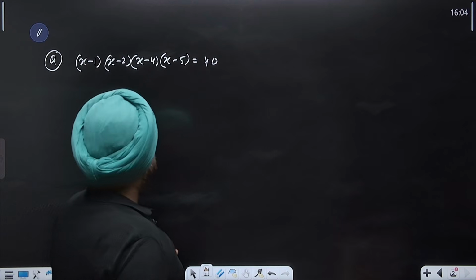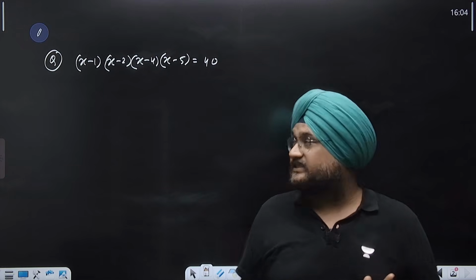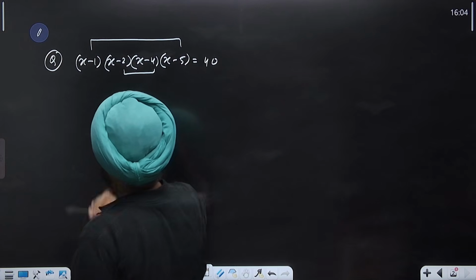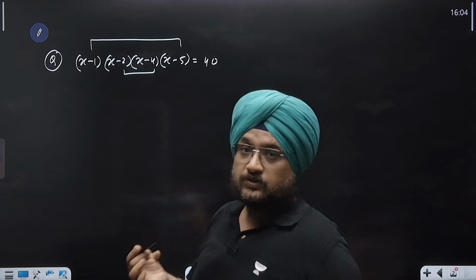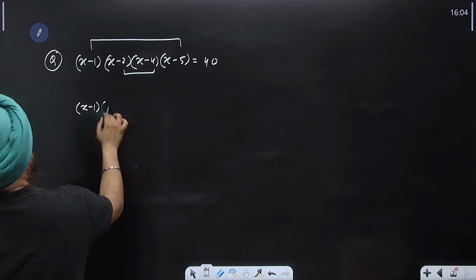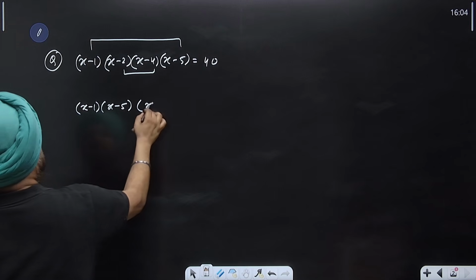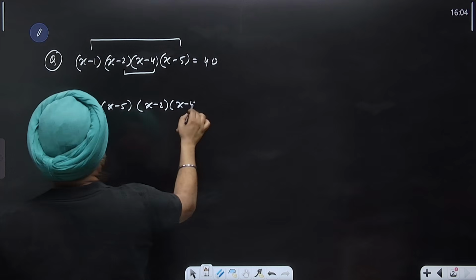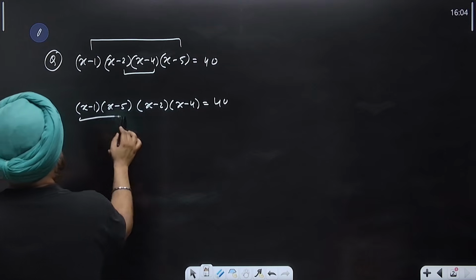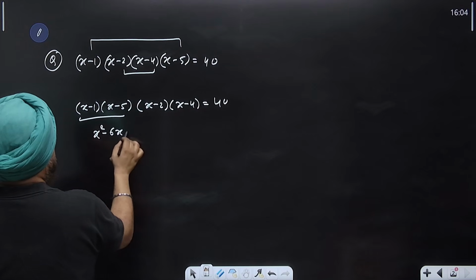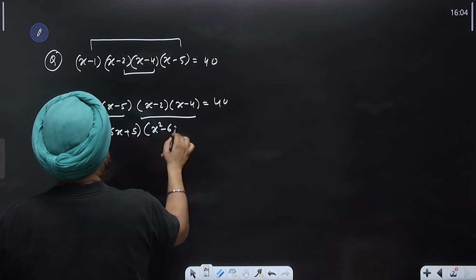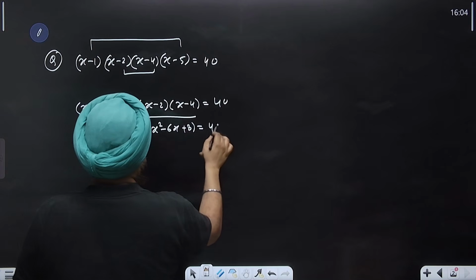In this we can see that 1 plus 5 is equal to 2 plus 4, a plus b equal to c plus d. So we can multiply x minus 1, x minus 5 and x minus 2, x minus 4. This will become x square minus 6x plus 5 and this will become x square minus 6x plus 8.